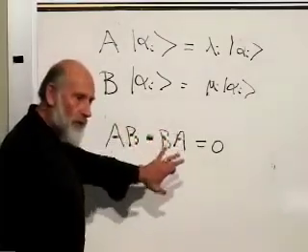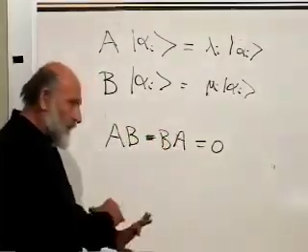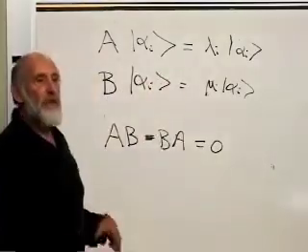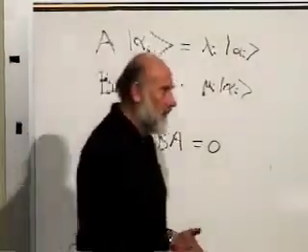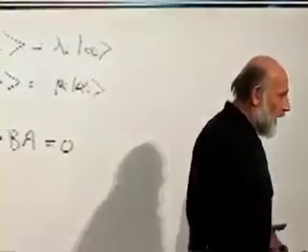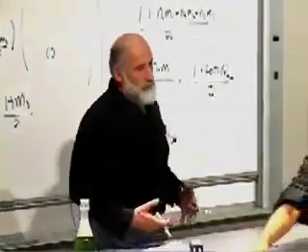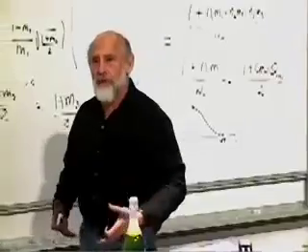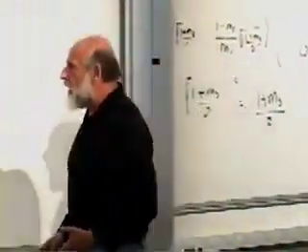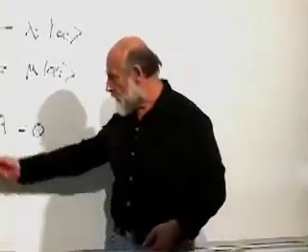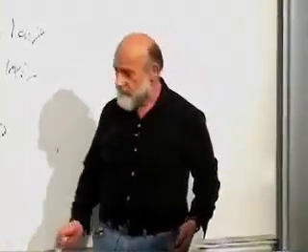If the matrices commute, that means it doesn't matter which order you write them in, then all of the eigenvectors are simultaneous eigenvectors of the two operators. That's a theorem. A necessary and sufficient condition for all of the eigenvectors to be the same is that the matrices commute. Commute means you can interchange the order.